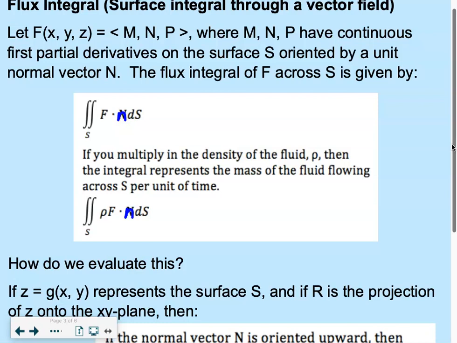They have to tell you how n is oriented depending on your surface. It could be oriented up, down, out, or in. There's an orientation for n, and that's what we're going to talk about with the computation. It depends on the orientation of n.